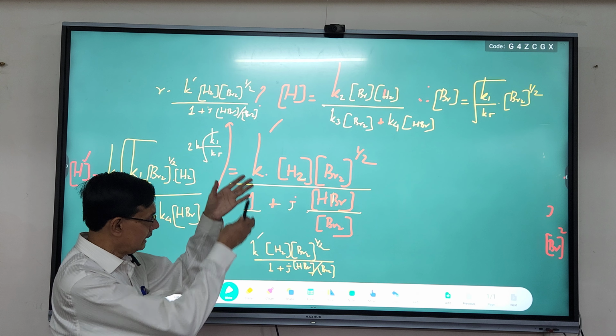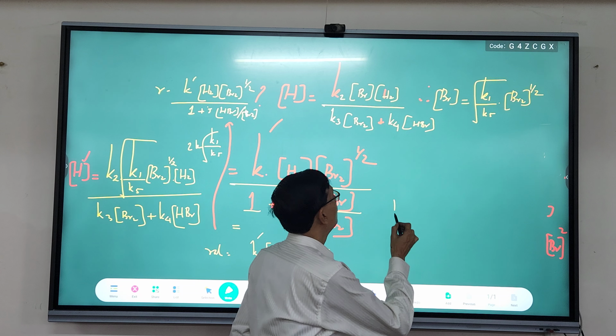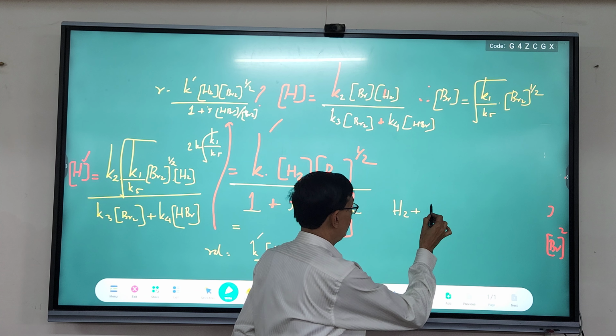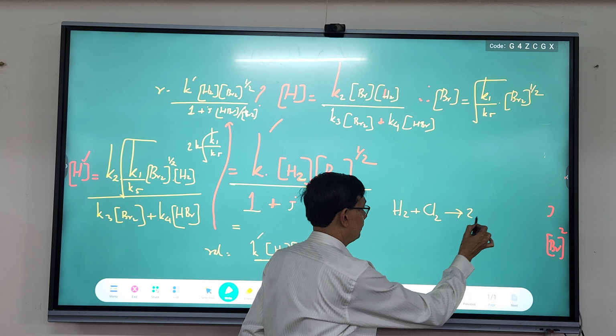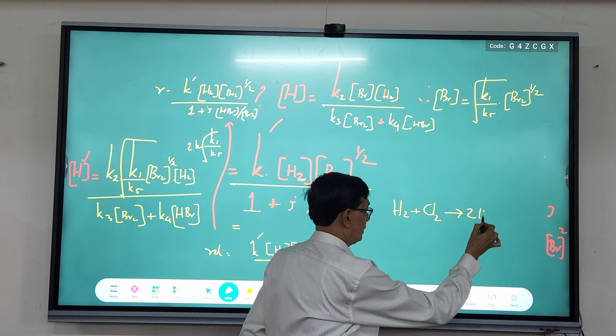And if you understand these steps, then you can also write the H2 plus Cl2 reactions. But remember, these are thermal chain reactions.